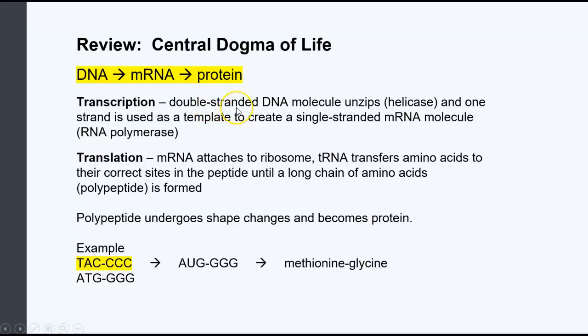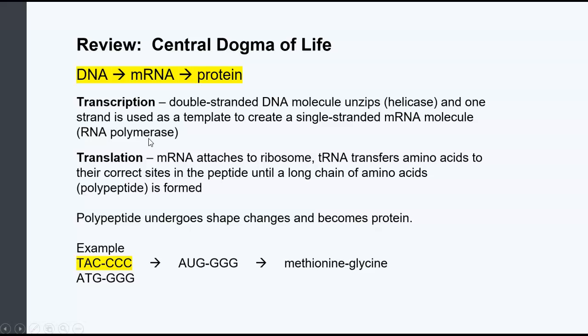Transcription is the process where the double-stranded DNA inside of our cells unzips using the enzyme helicase, and one of the strands is used as a template or a blueprint to create a single-stranded messenger RNA molecule, and that occurs through the enzyme RNA polymerase.